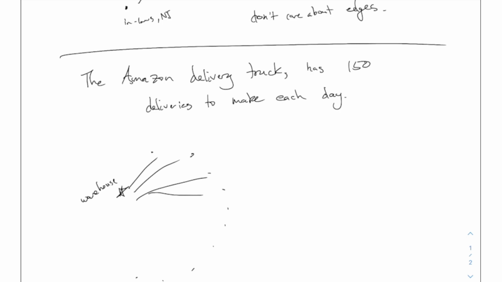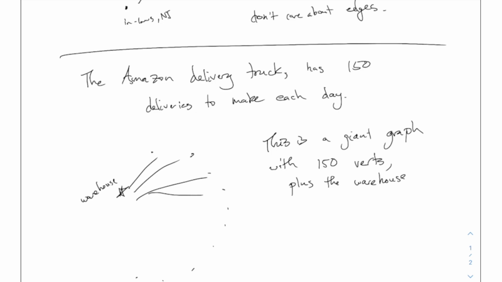But basically, this is a giant graph with 150 vertices plus the warehouse. And the driver has to figure out what order to go to all these vertices in.